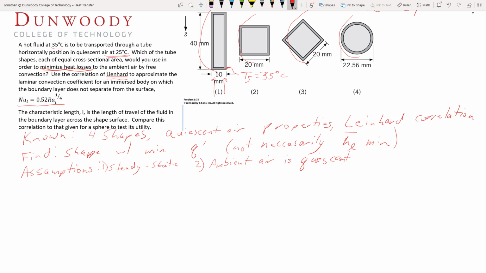Three, no radiation. And then all shapes have the same cross-sectional area, which they tell us in the problem statement, but we'll write that down as well.